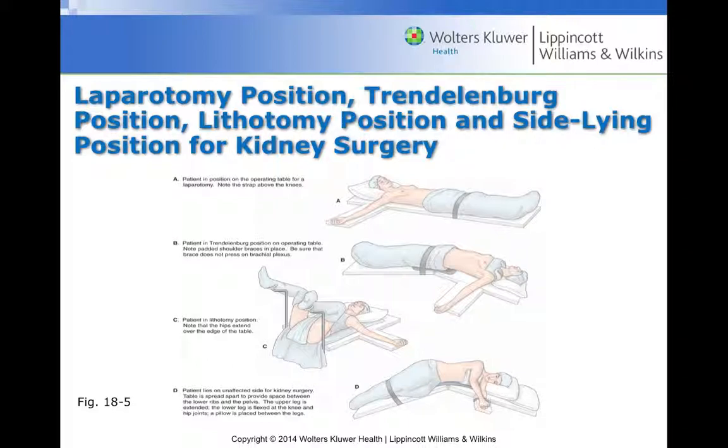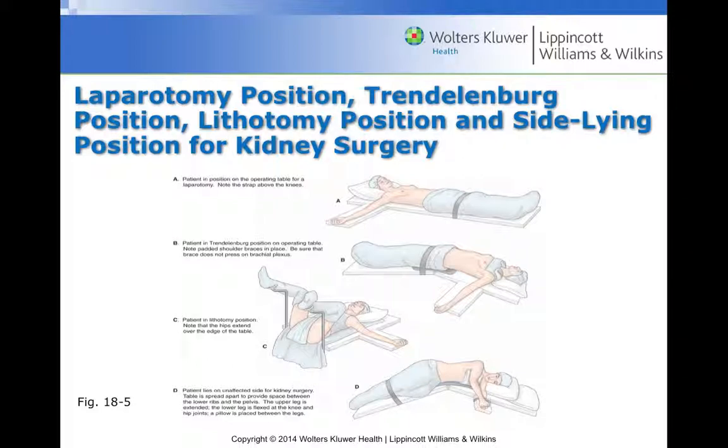Then we look at the lithotomy position, which is figure C. This is used for nearly all perineal, rectal, and vaginal procedures. The patient is positioned on their back with the legs and thighs flexed. The position is maintained by placing the feet in the stirrups. Otherwise, your patients will not be able to hold their legs up like that for that long.